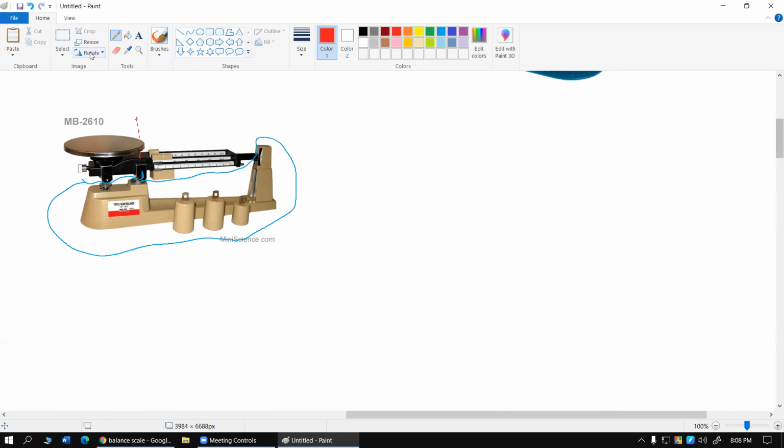So if I just cut it off, let's say, how can I select this freeform selection?